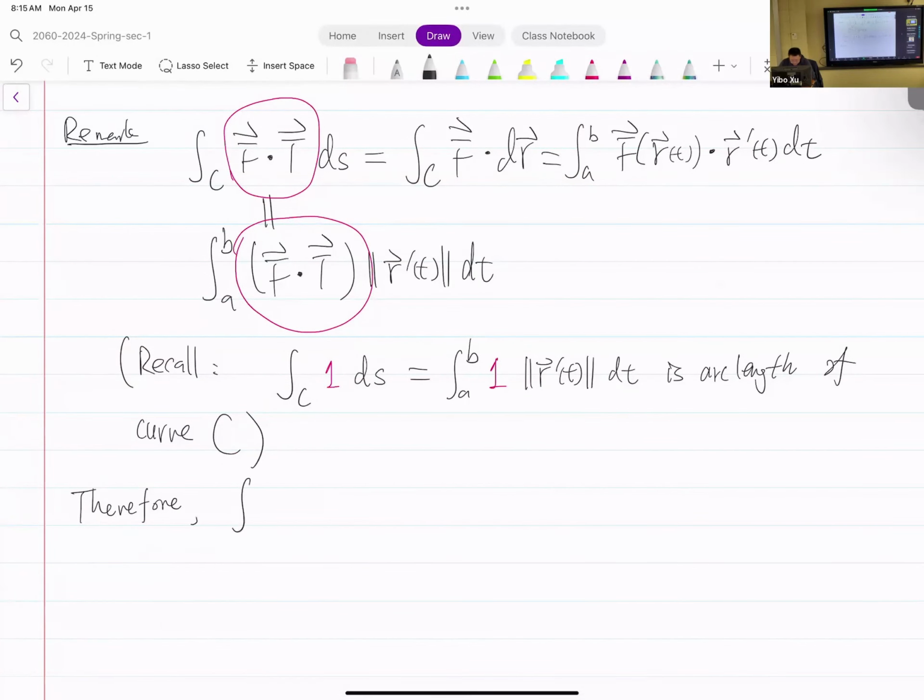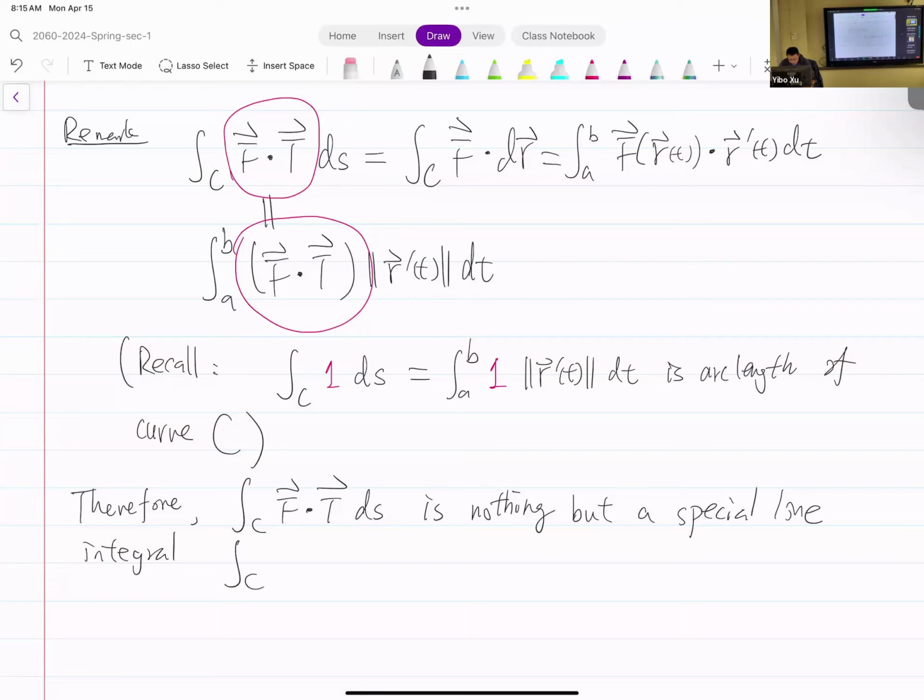Therefore, the line integral of F dotted with the unit direction T, accumulated with respect to arc length, is nothing but a special line integral, which we say is accumulating along the curve of f of x, y, z ds, where we just specify the scalar function little f to be the inner product of the vector field with the unit tangent direction along the curve, right?